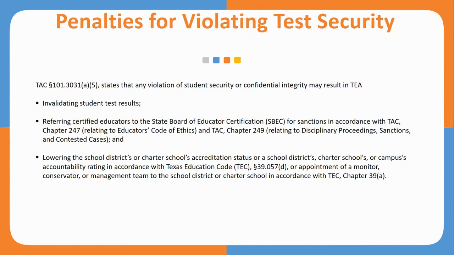Penalties for violating test security or confidentiality may include invalidating student results, referring certified educators to the State Board of Educator Certification, and lowering the school district's accreditation status or accountability rating.